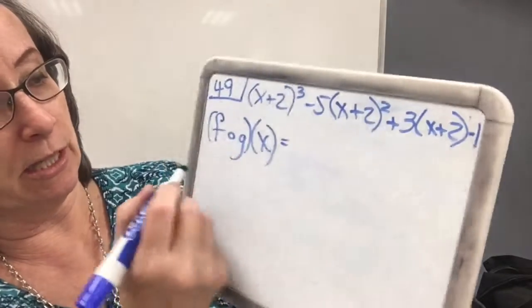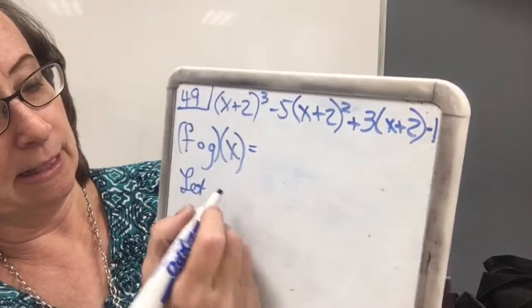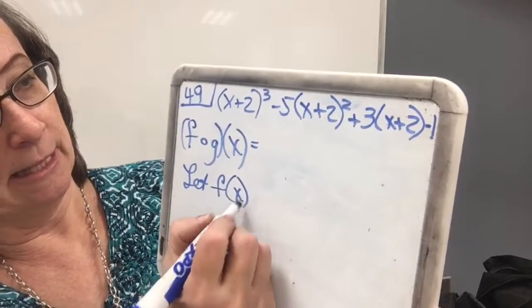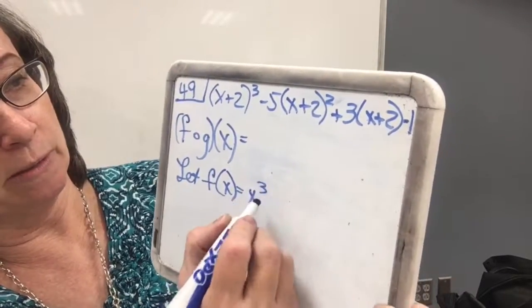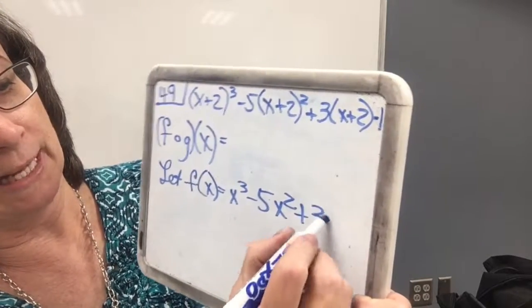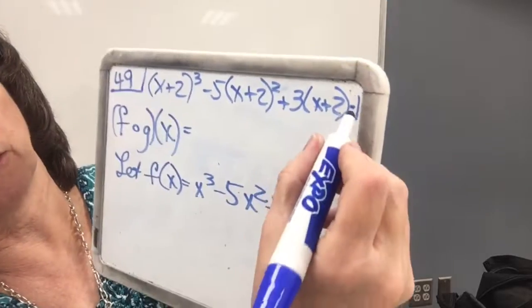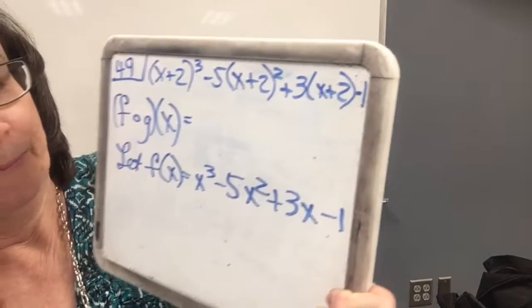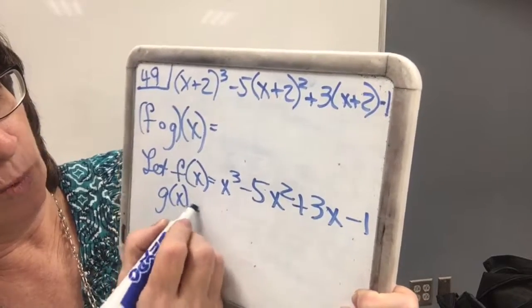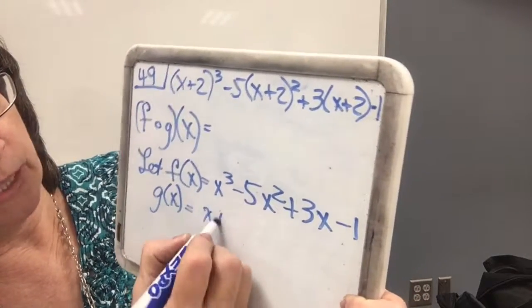So we're going to let f of x equal x cubed minus 5x squared plus 3x minus 1. There's a little minus 1 there. It's hard to see. And then g of x would be x plus 2.